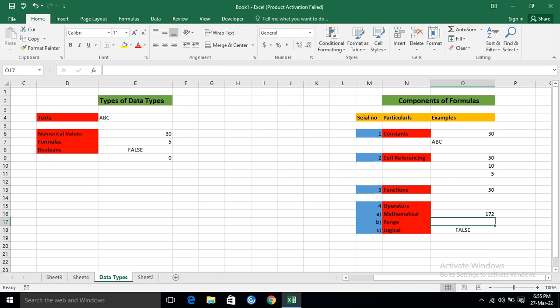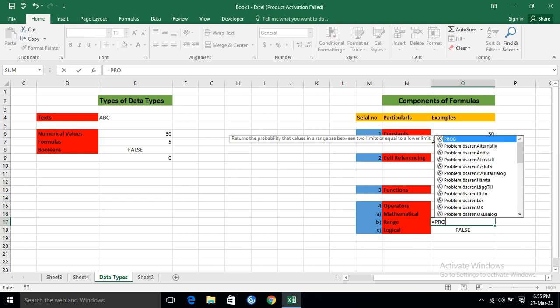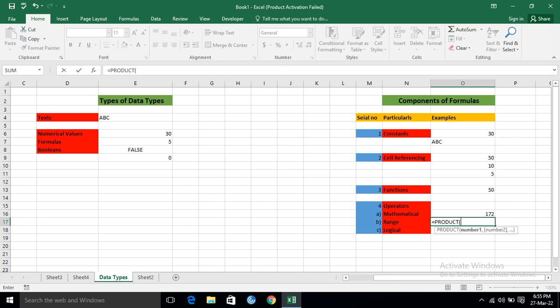Now coming to the range operator. Basically it separates the two cells. Suppose I am entering the function of product, and then I do this comma this.